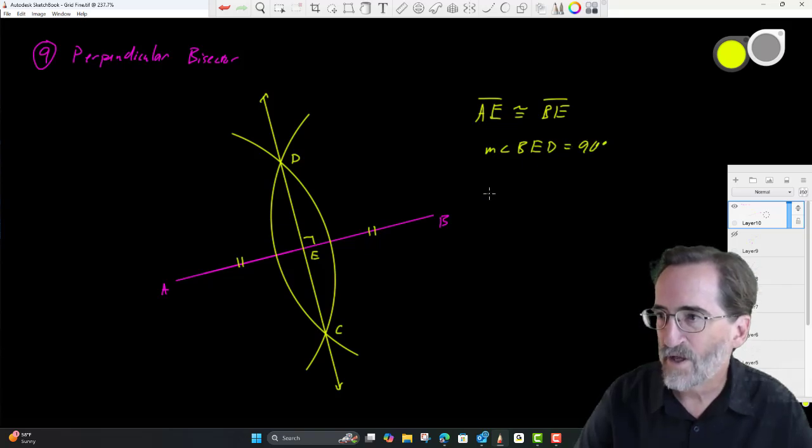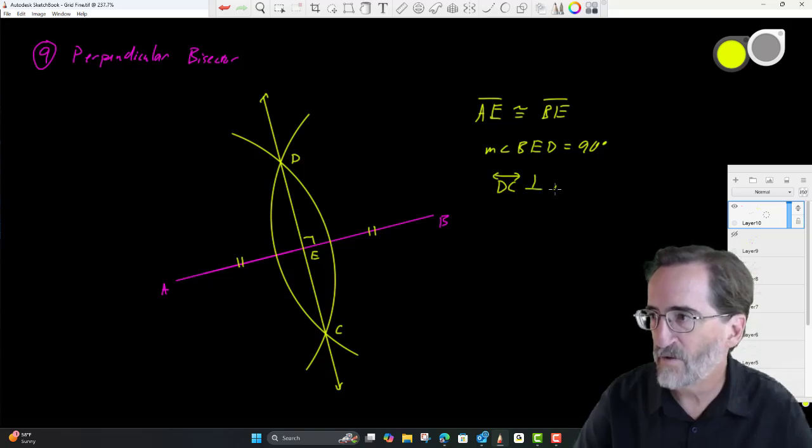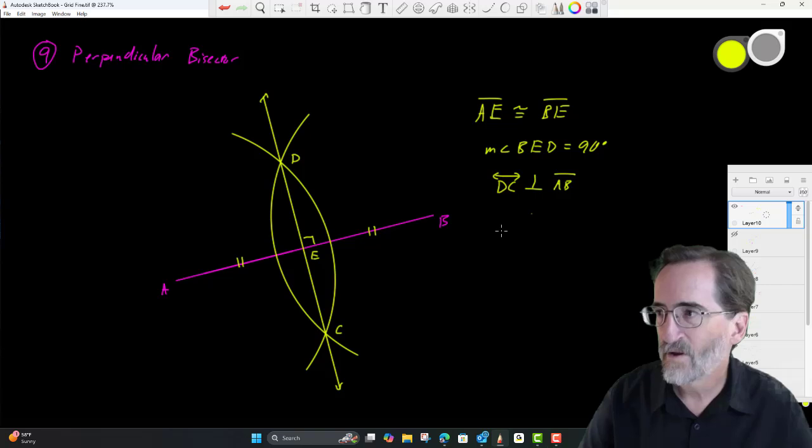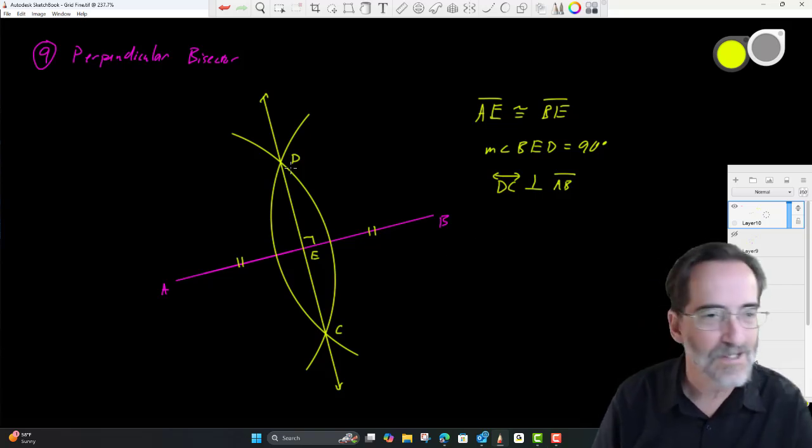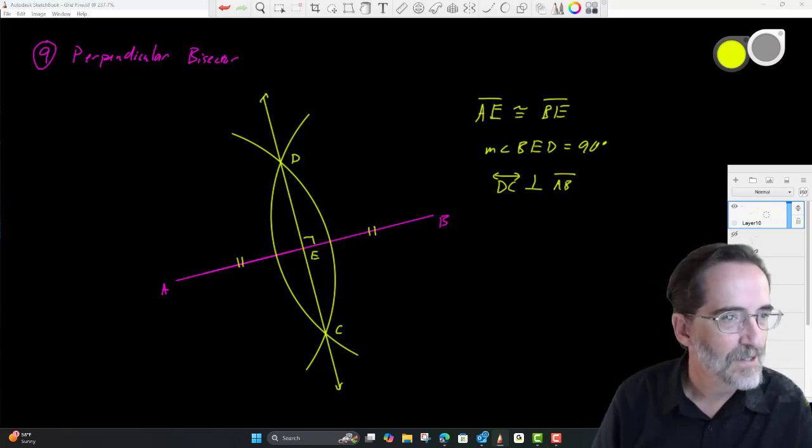Or we would say that line DC is perpendicular to segment AB. Perpendicular bisector.